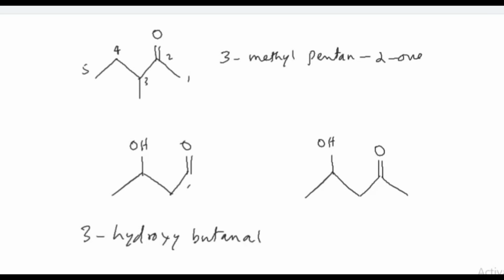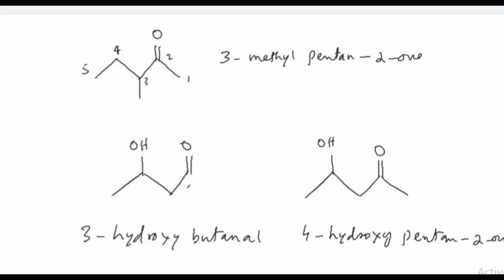And this is 1, 2, 3, 4, 5. So this is pentanone, and the one is on the second carbon, but counting 1, 2, 3, 4, the hydroxy is on the 4th carbon. So this is 4-hydroxypentan-2-one.